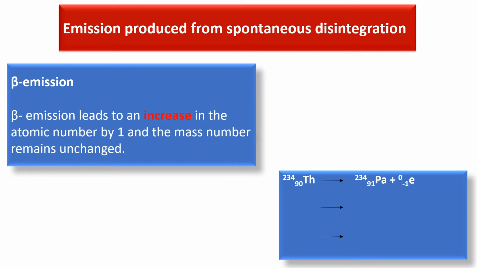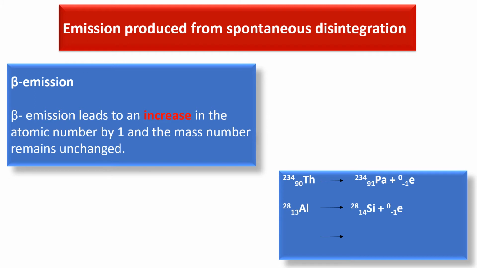And by the time you add the mass number of this new atom and that of the beta particle together, that's 234 plus 0, it will give you 234, which is the mass number of thorium. And by the time you add the atomic number of the new atom produced and the atomic number of the beta particle together, which is 91 plus -1, it will give us 90, which is the atomic number of thorium.